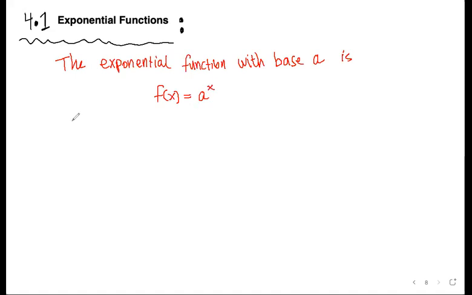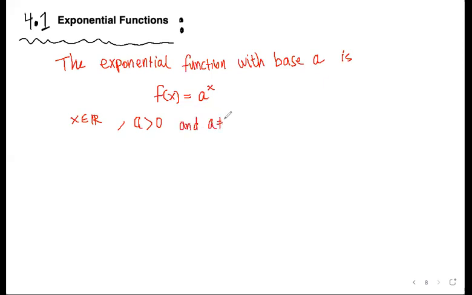What is x? x is a real number, any real number. What's the value for a? a must be greater than 0, and at the same time, a not equal to 1.